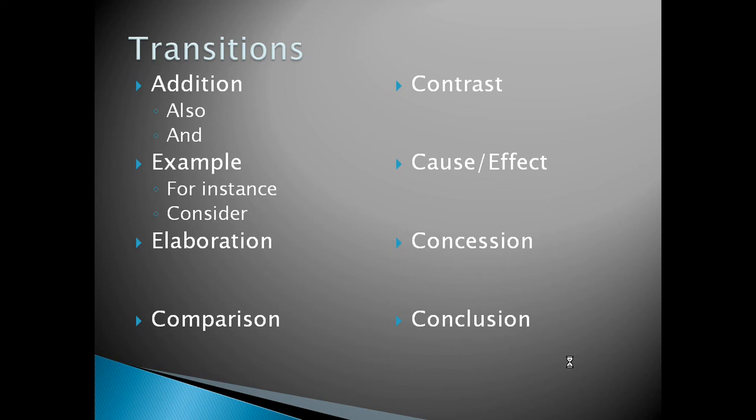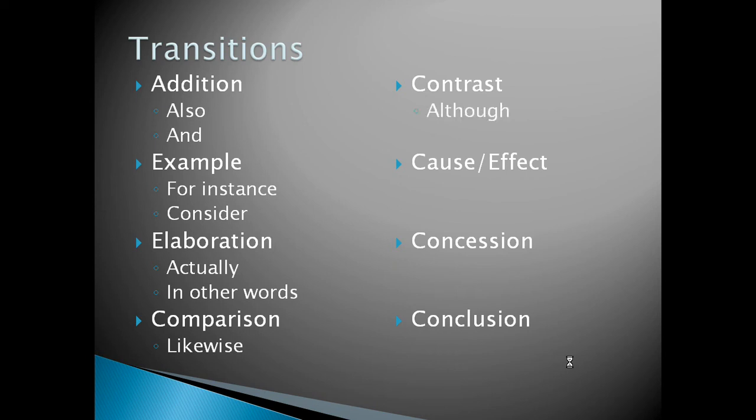Sometimes you need to elaborate, so you need to provide additional detail. Two suggestions for good elaboration transitions are actually and in other words. Comparisons can be set up in many ways, but one way I'd like to highlight is using likewise.